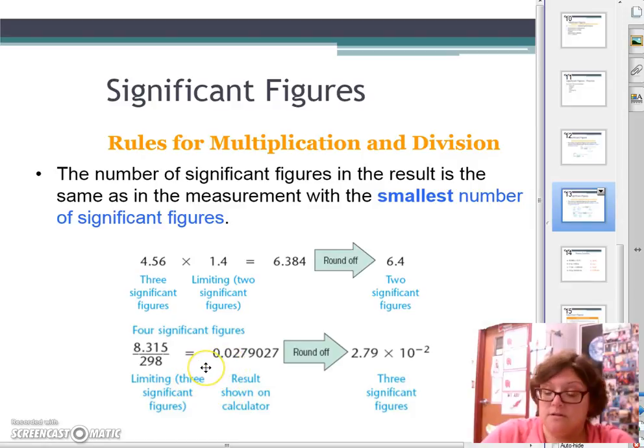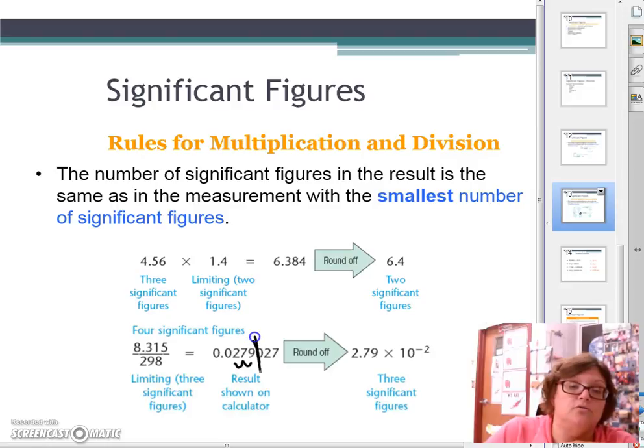Decimals present, so we're going to start counting from the left. 1, 2, 3. So we'll drop everything past that. Since this next number is a 0, there's no rounding up, so it would be 0.0297. And you can write that in scientific notation. We will talk about that later.